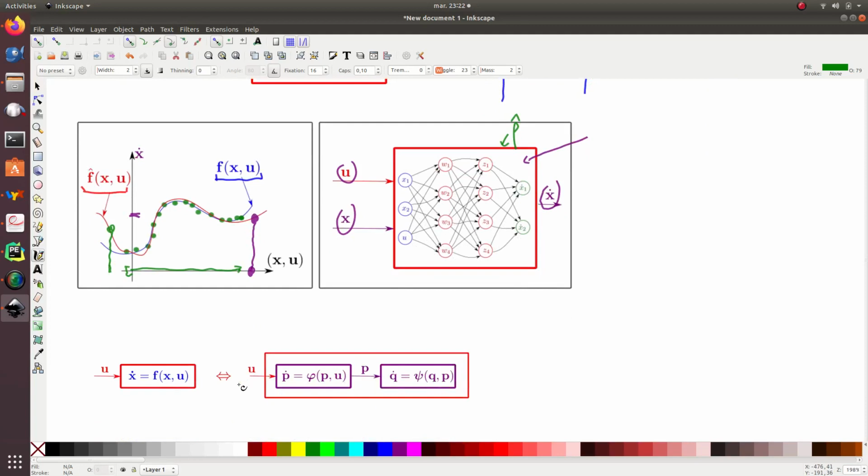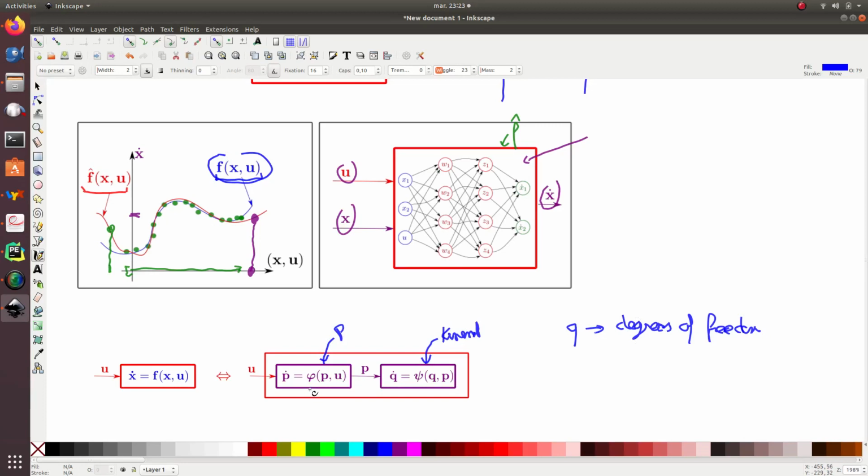For a dynamical system, most of the time I don't have to act like this because this function can be decomposed into two different blocks: the dynamic block and the kinematic block. This one is the kinematic block, and the state vector for the kinematic block is q, which corresponds to the degrees of freedom, and p corresponds here to the speed, if you want, the derivative of the degrees of freedom.